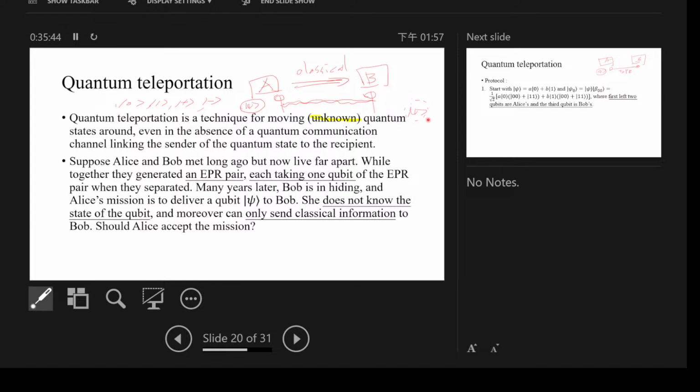That's a very interesting part of quantum teleportation. So that's teleportation: they have generated an EPR pair between them, Alice can only send classical information to Bob, and Alice needs to deliver this state to Bob. And how do we do this?